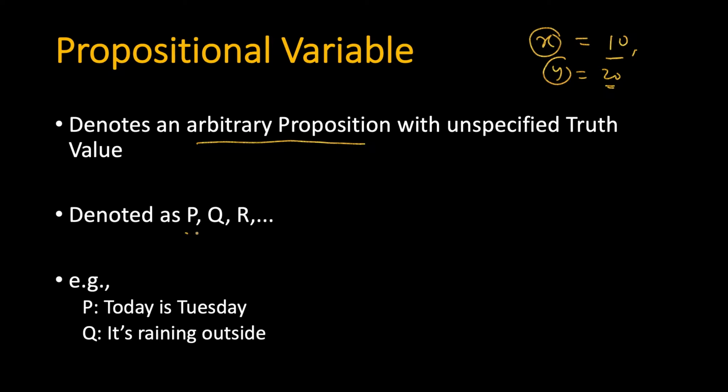And we denote these by P, Q, R, and so on. For example, this P is a propositional variable and it denotes this proposition: today is Tuesday. So this is a proposition and this P is a propositional variable. Similarly, this is another propositional variable Q to which we have assigned this proposition: it's raining outside.